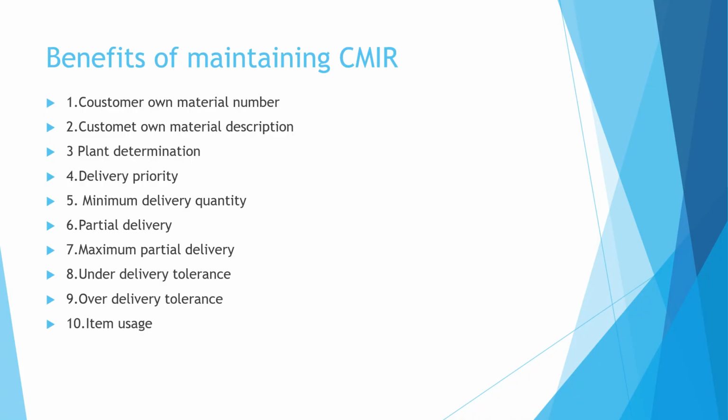The benefits are: we have created the customer's own material number and customer's own material description, plant determination, plant delivery priority and minimum delivery quantity, partial delivery, minimum partial delivery, under delivery tolerance and over delivery tolerance, and item usage. So CMIR, the customer material info record, is the first priority for all these things, and plant determination is very, very important, and the customer's own material number and own material description are also very, very important.